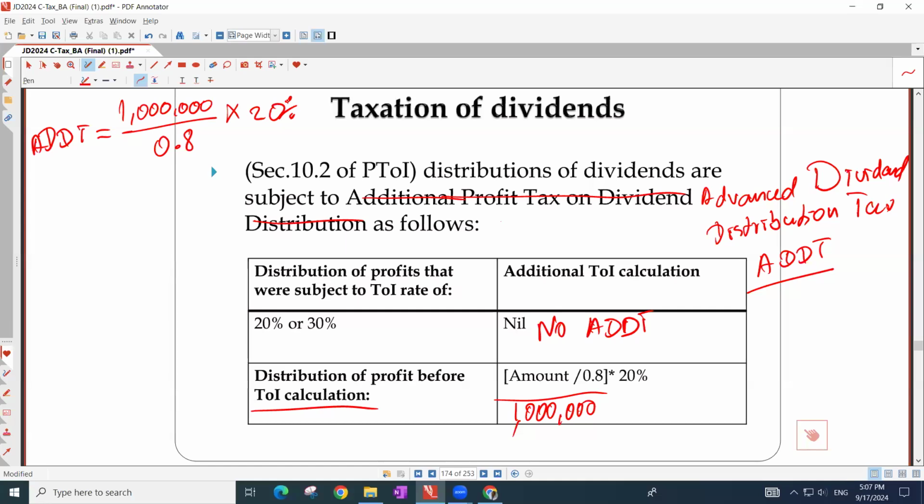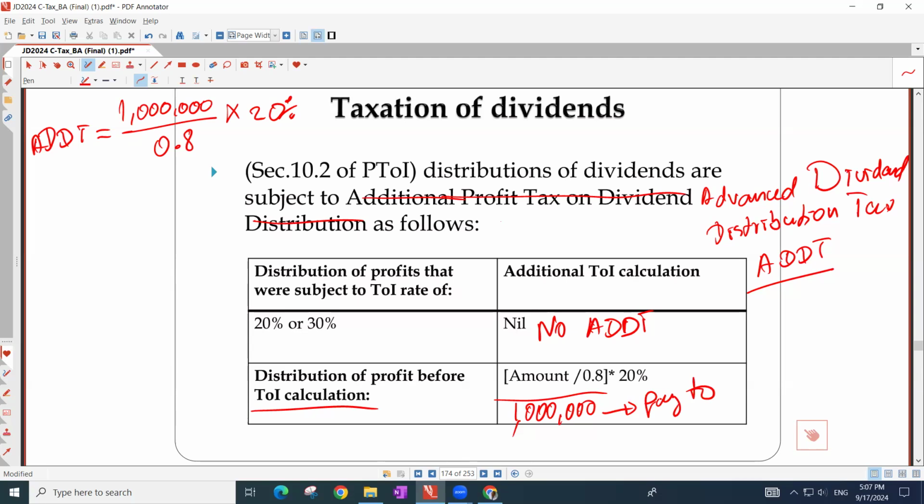They just assume that what you distribute or pay to the shareholder is the amount after tax. Whatever amount you pay to the shareholder is the amount after income tax. Then to calculate it, they divide it by 0.8.